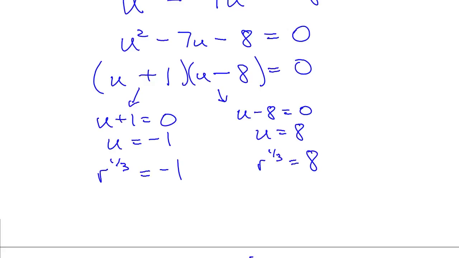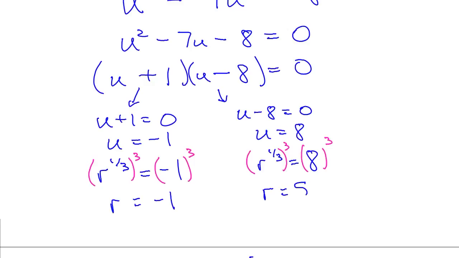To solve for these, I'm going to raise them to the third power. It's the reciprocal of the exponent. And these give me r is equal to -1 and r is equal to 512. So the solution set is -1 and 512.